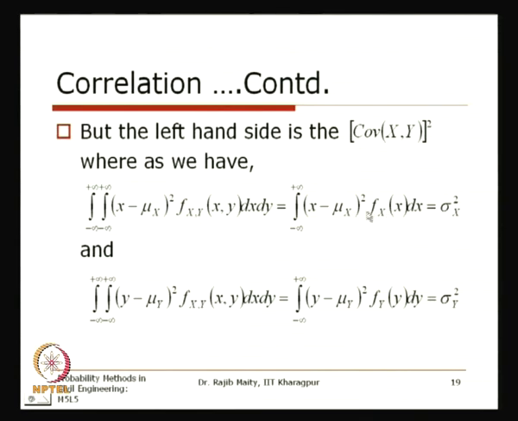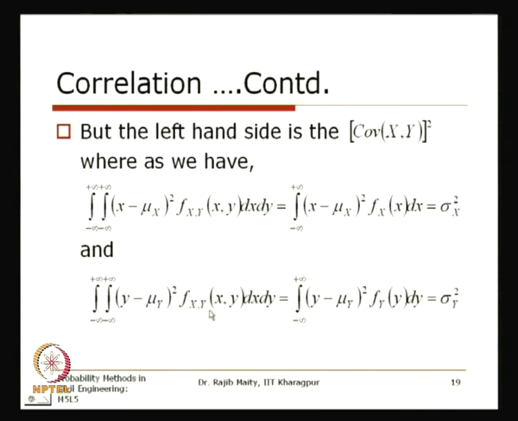So, this marginal density of x multiplied by x minus mu x square, you know this expression is nothing but the variance of x, which is the central moment, that is, with respect to the mean, the second order moment of the random variable x only. So, this is sigma x square.